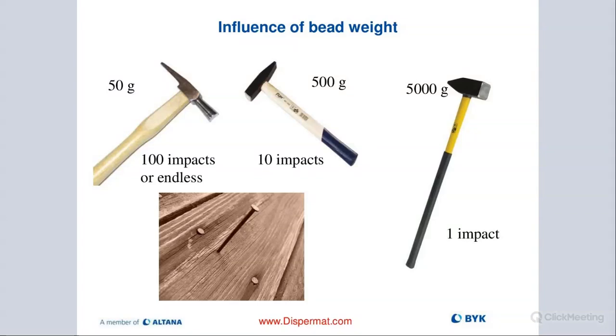If I'm increasing the weight of my hammer, like the beads, then I will need fewer blows, and my nail will be driven into the board much faster. Of course, if I use a very heavy one, my kinetic energy is much higher, and maybe I can do that with only one impact. So it's very critical to watch out for the type of bead and that you have relatively high weight or specific gravity with your beads, which will help you reduce the milling time.